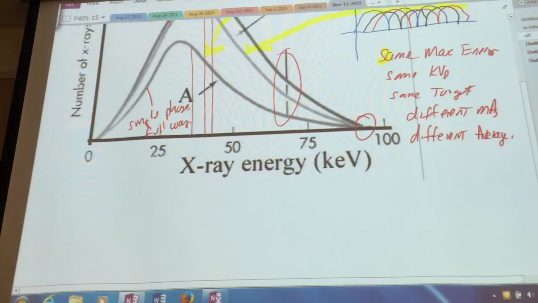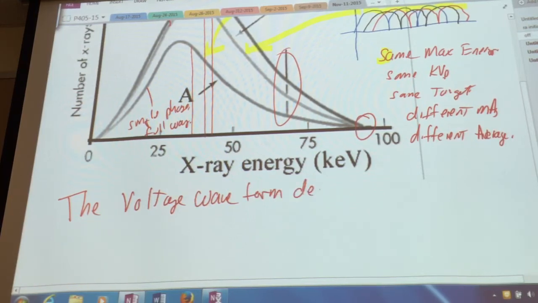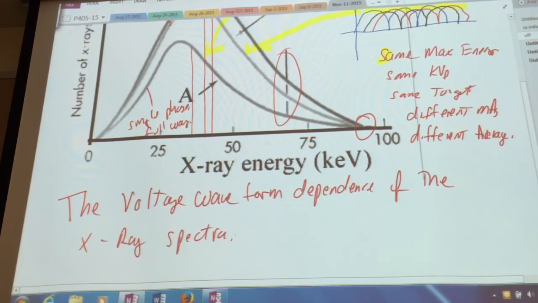And what's being demonstrated here is the voltage waveform dependence of the X-ray spectra. Leftover questions?